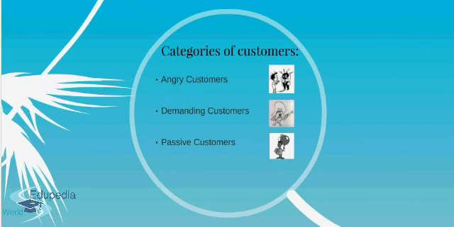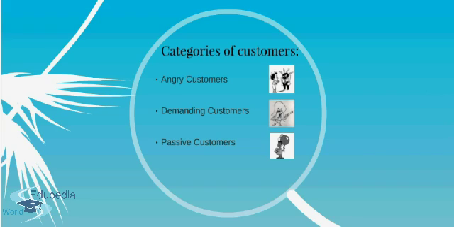Now there are various categories of customer. Broadly, there are angry customers, demanding customers, and passive customers. Let us understand these three categories one by one. Angry customers are those who are very vocal about their demand.